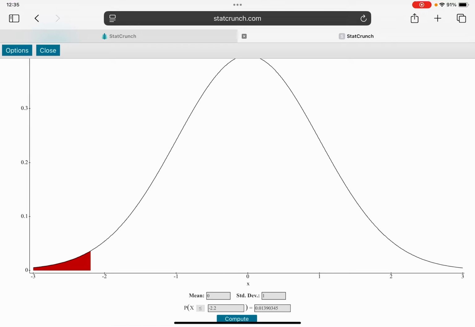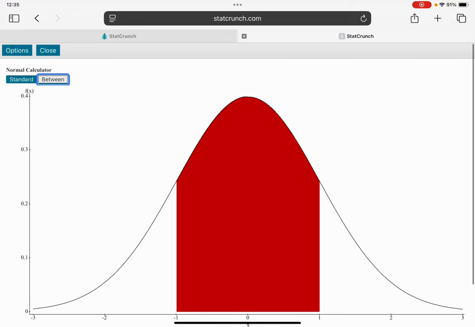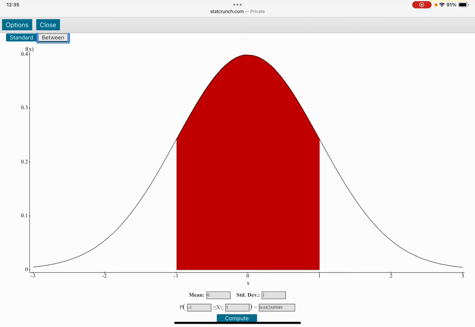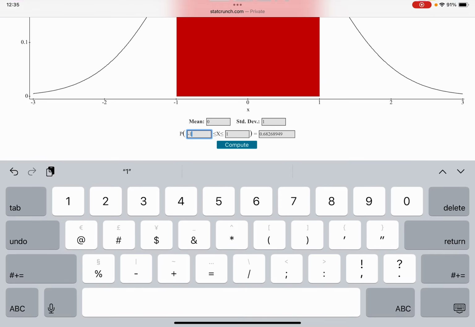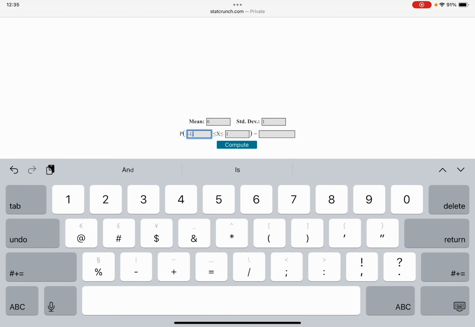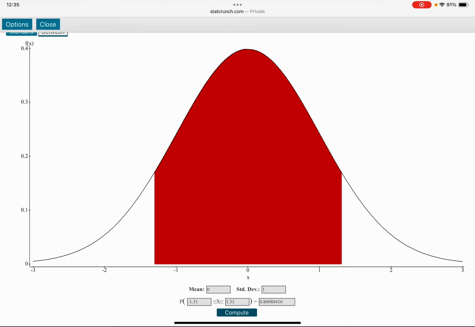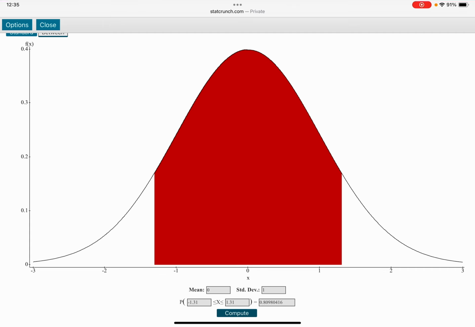Now this is a two-tailed test, so I've got to go with between. And then I put in my z-scores, negative 1.31 and positive 1.31, and compute.